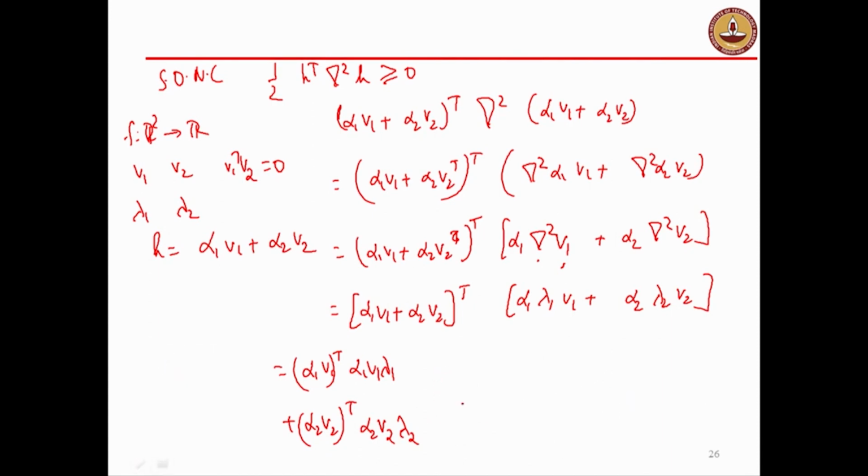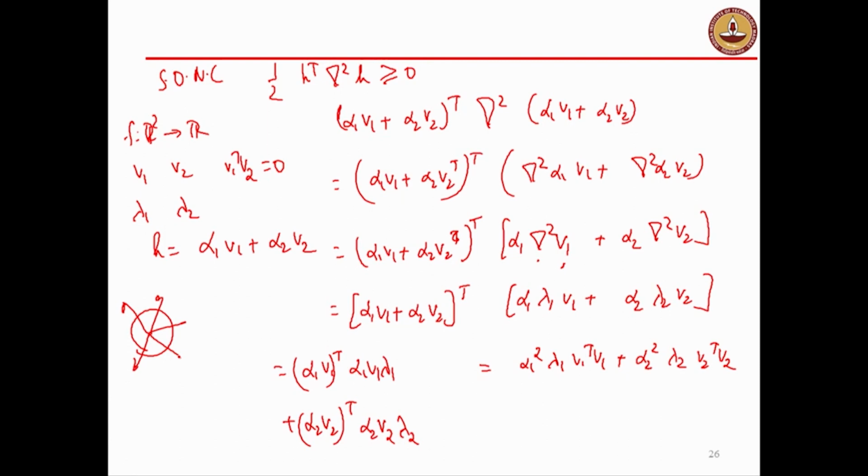So this has to be greater than or equal to 0, and this is equal to alpha 1 square lambda 1 V1 transpose V1 plus alpha 2 square lambda 2 V2 transpose V2. This has to hold for all directions of h.